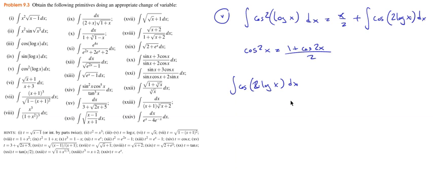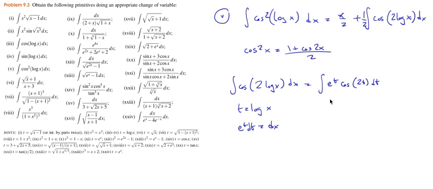And here again, we want to use the change of variable, t is the logarithm of x, and so we have e to the t dt is dx. So this is equal to plus 1/2 the primitive of e to the t cosine of 2t dt.